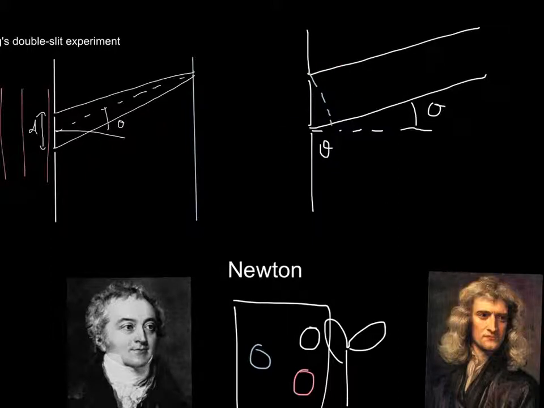Okay, so now we have this angle theta. Now it's obvious that this thing here is the hypotenuse because these two things are perpendicular, and we want to know this side here. So d is the hypotenuse, and we want to know the path difference, which is this side here, the opposite side. Now, please tell me out loud how we get the opposite side if we know d and we know theta.